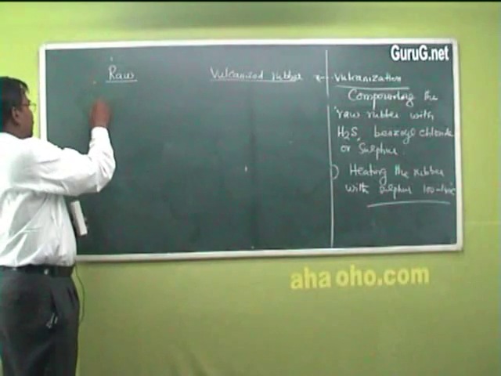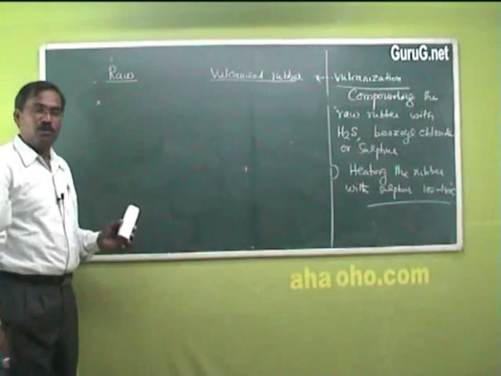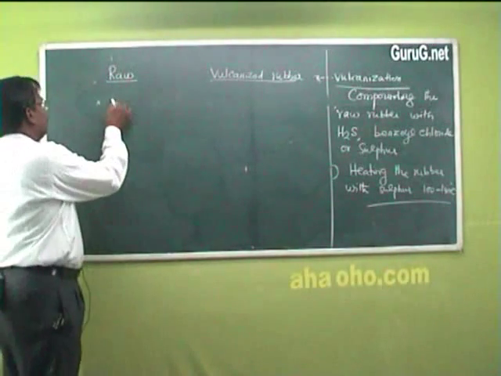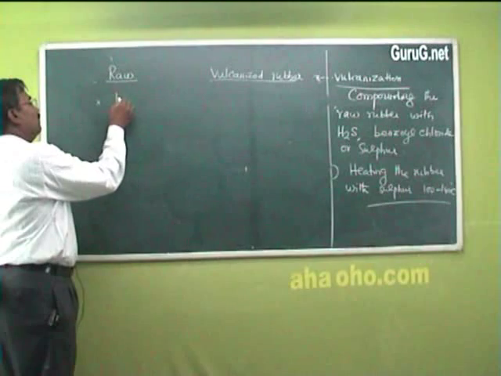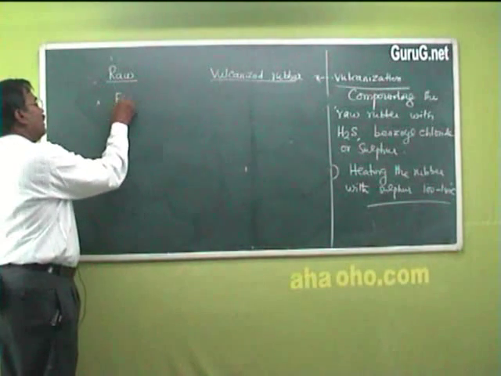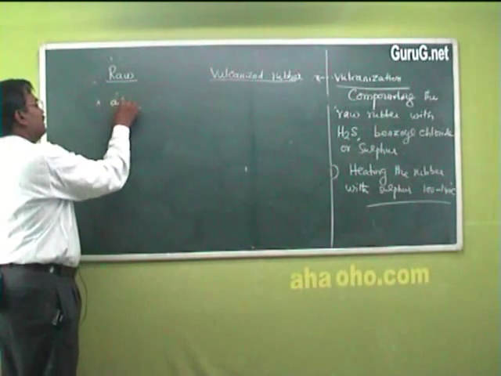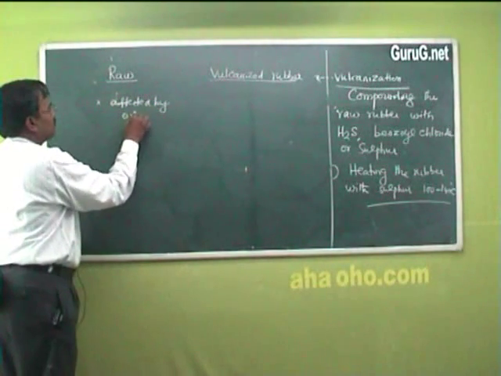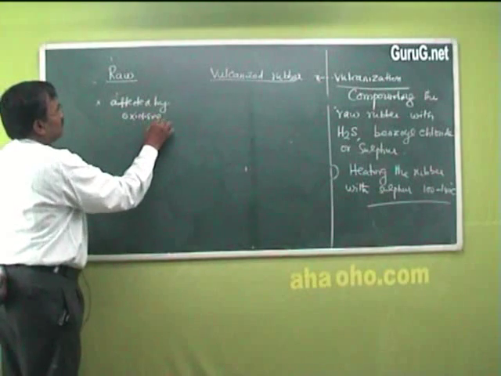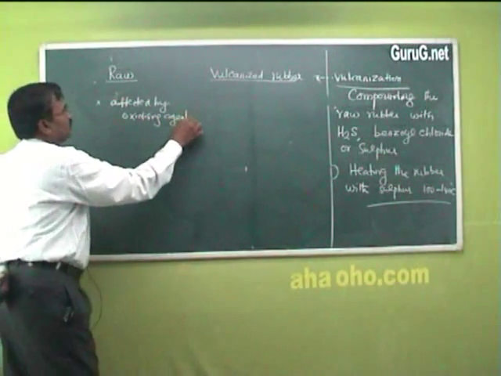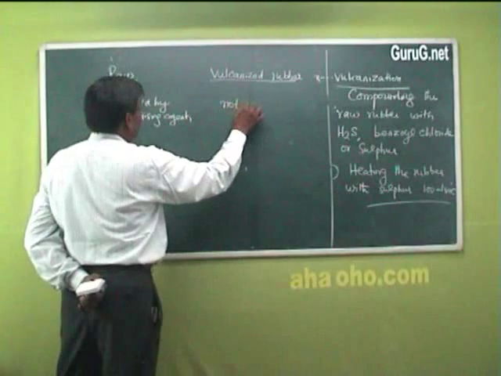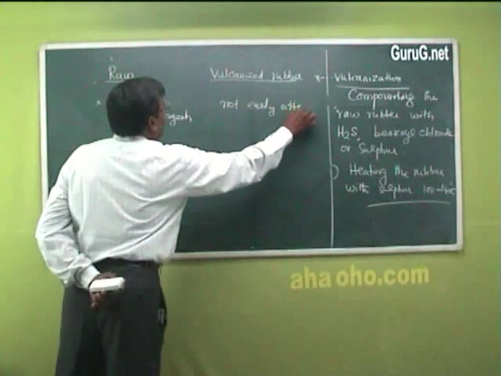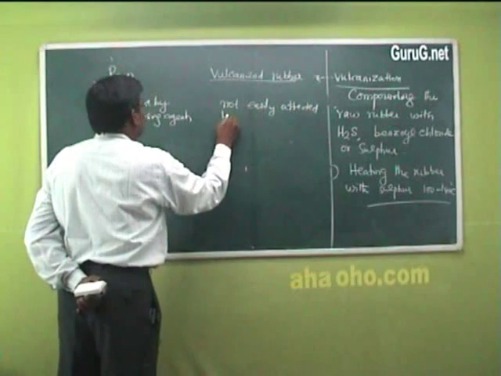We have already seen a series of problems with raw rubber; let me see how they are getting rectified one by one. The first one: raw rubber is easily affected by oxidizing agents. Here the vulcanized rubber is not easily attacked or affected by oxidizing agents.